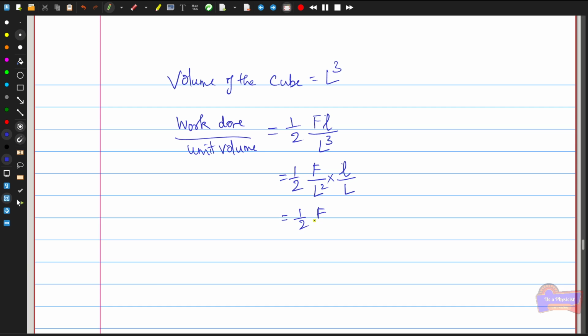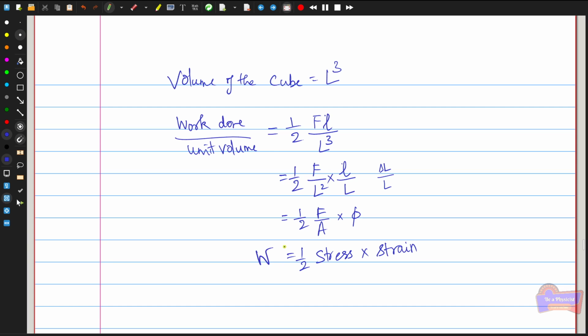So I can write F divided by A into delta L by L. The small l by L is nothing but the angle of shear, so I can write it as phi. Sorry, F by A is the stress, into the shearing angle, which is the strain. So it is proved that the total work done per unit volume is equal to half times stress and strain.